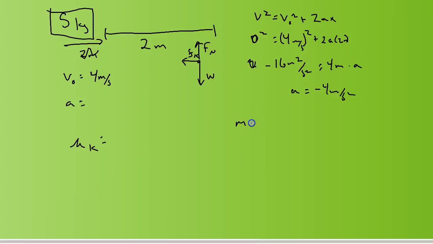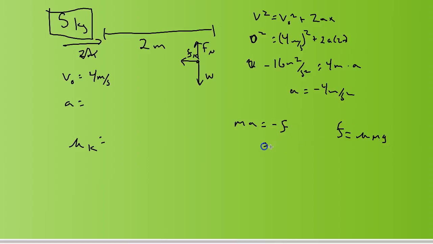We'd say m times a is equal to negative F. Remember that F is equal to mu times the weight, mg. So this would be equal to negative mu mg. This is equal to ma.